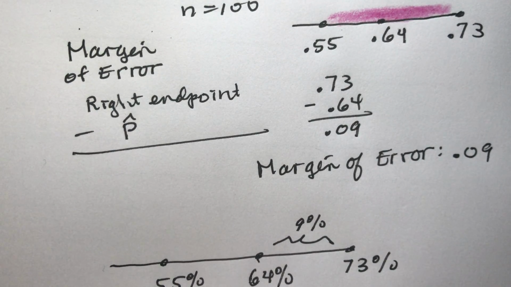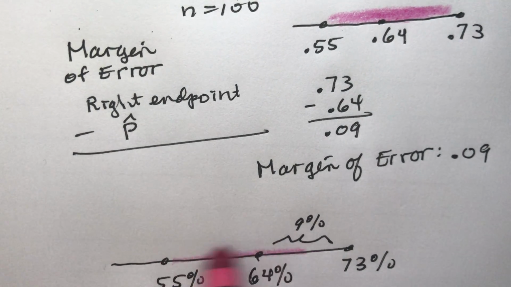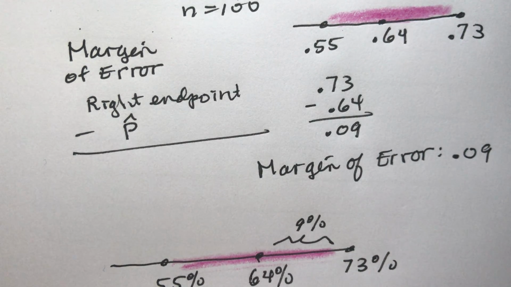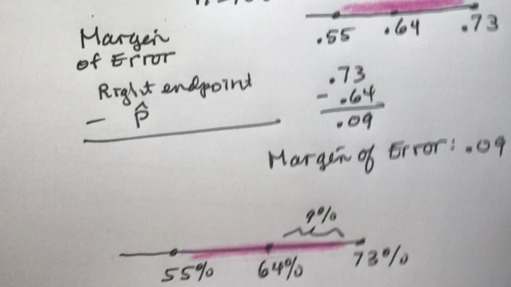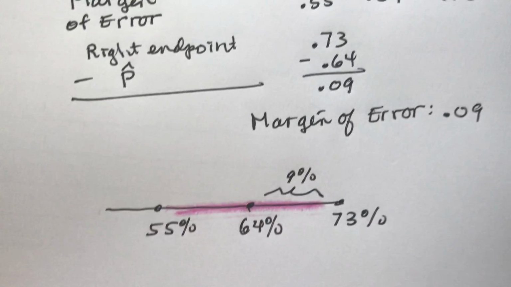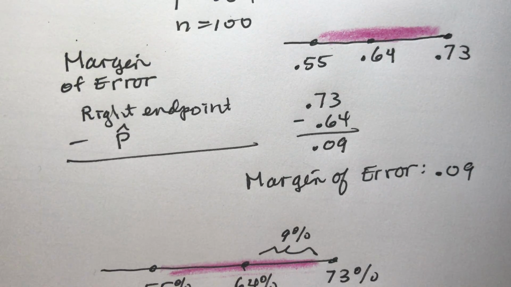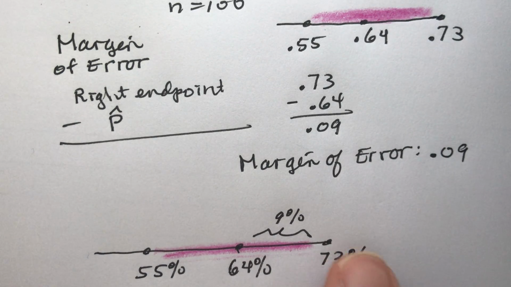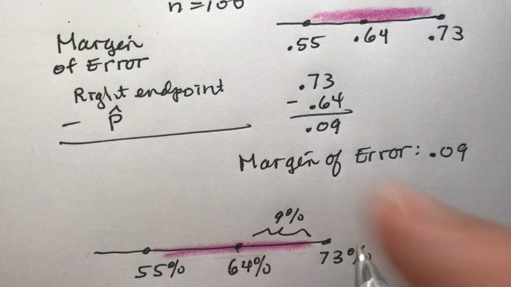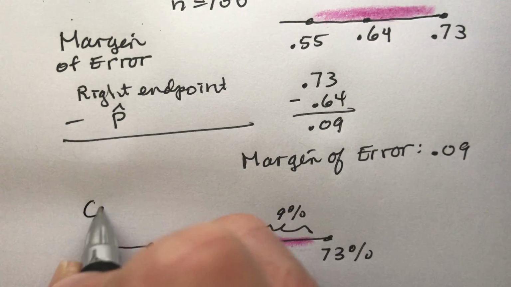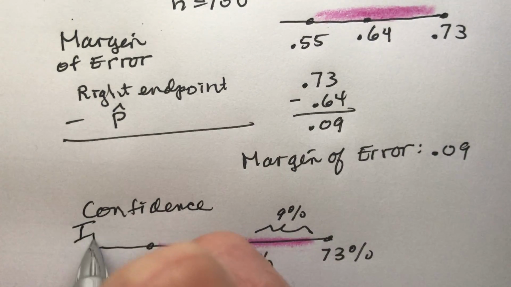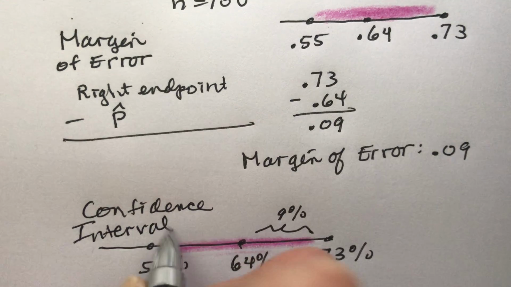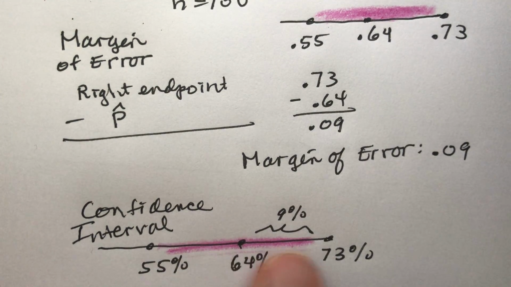So let's write down a little sentence for our results. At least the TI-83 calculator didn't give us the margin of error. We had to do it ourselves. So how do we do that? We take the right endpoint of our confidence interval. The confidence interval is an interval on the number line.